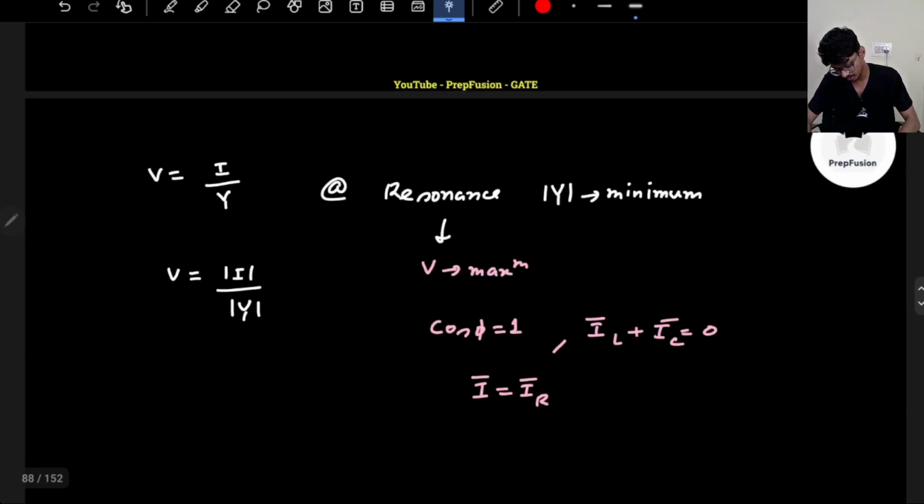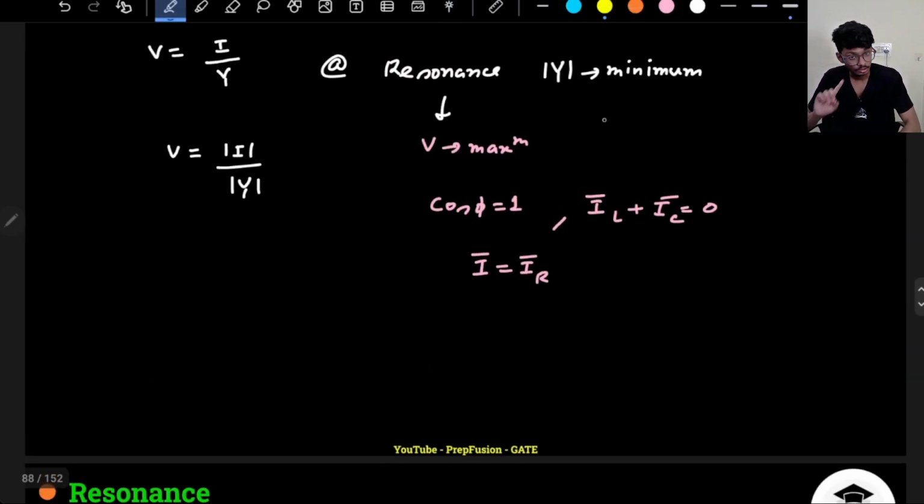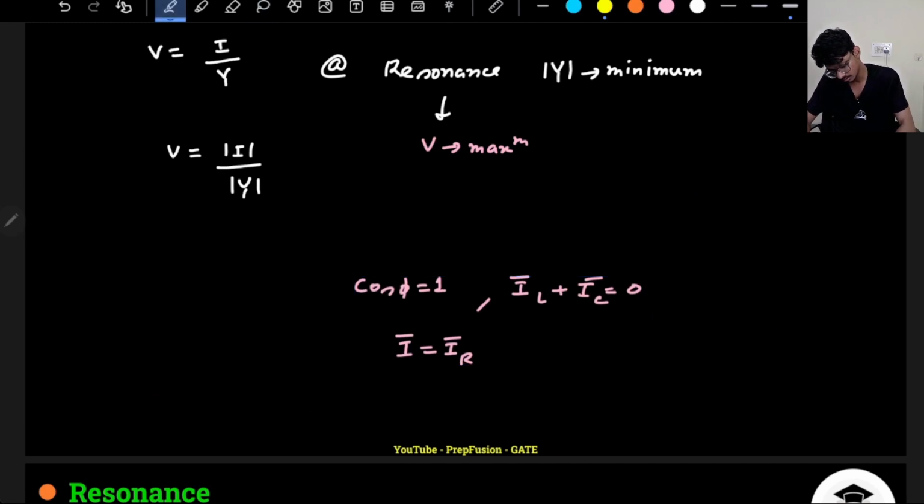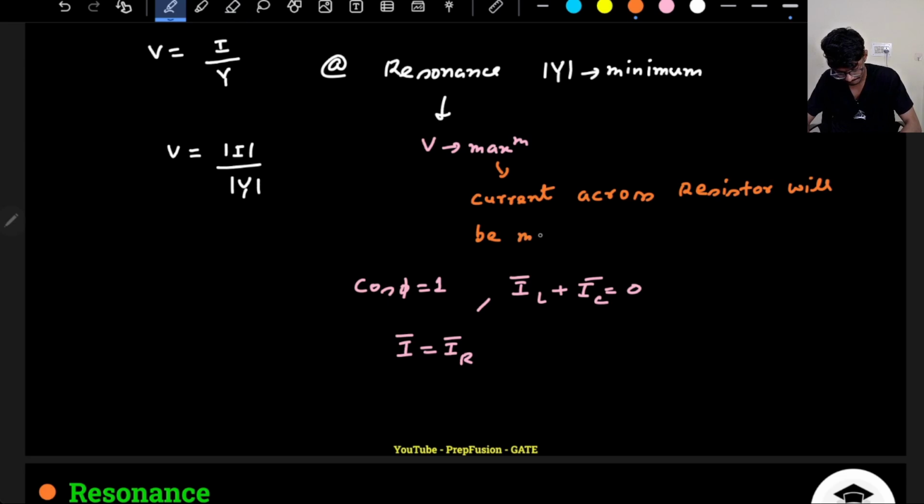So this also I can conclude that voltage is maximum, hence the current through the resistor will be maximum at resonance basically.